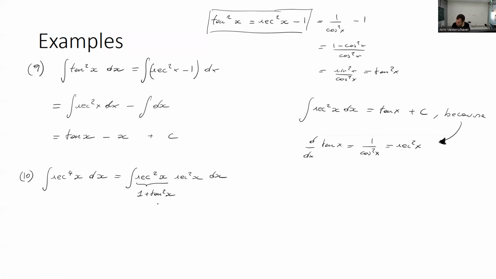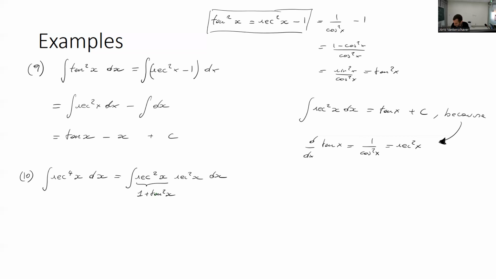And why is that going to be a good idea? Well, if you make a substitution, t equal to tan x, dt is going to be secant squared x dx, and therefore you will already have something.